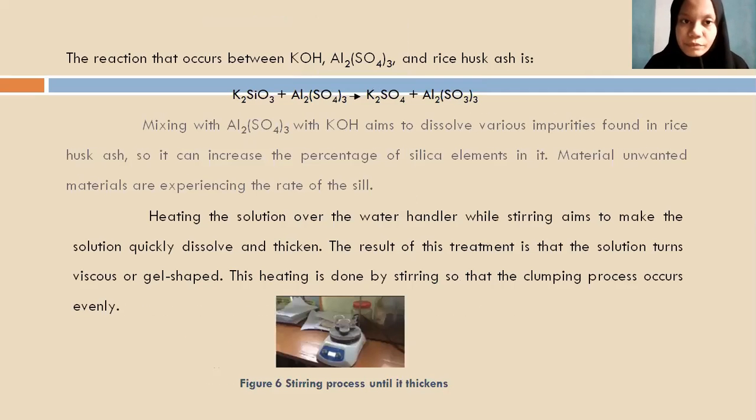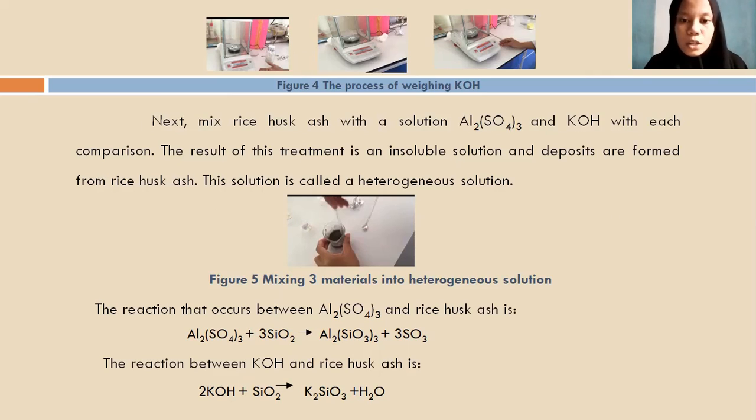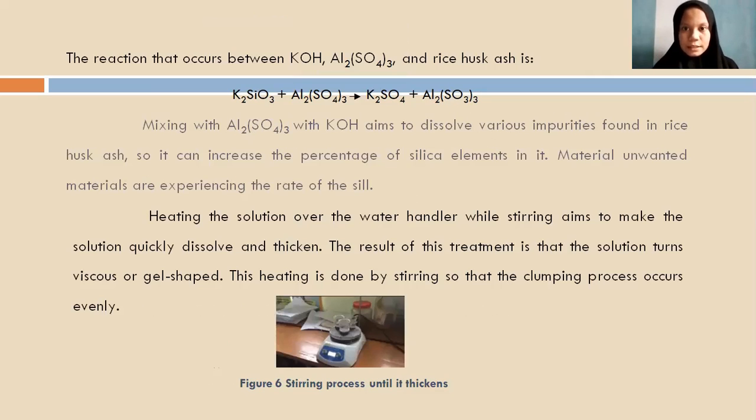The reaction that occurs between Al2SO4 3 and rice husk ash is as follows. Then the reaction between KOH and rice husk ash is as follows. The reaction that occurs between KOH, Al2SO4 3 and rice husk ash is as follows.